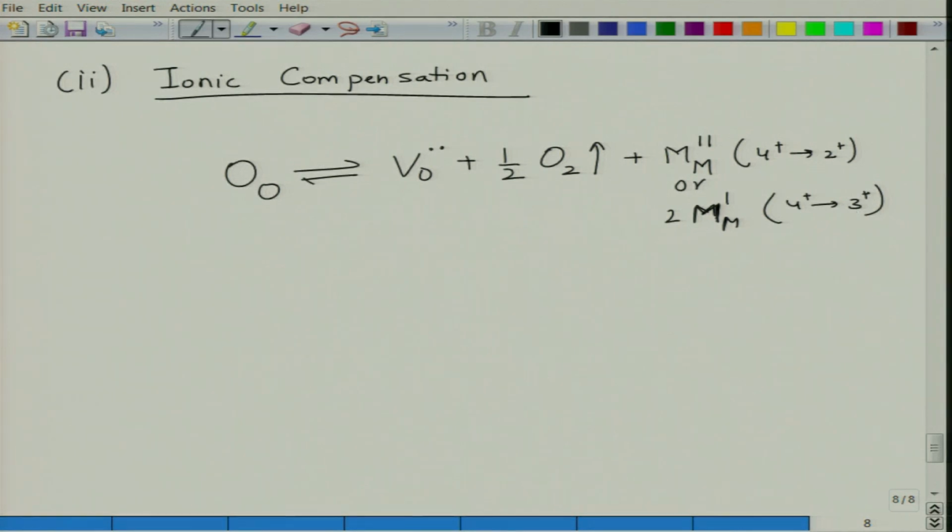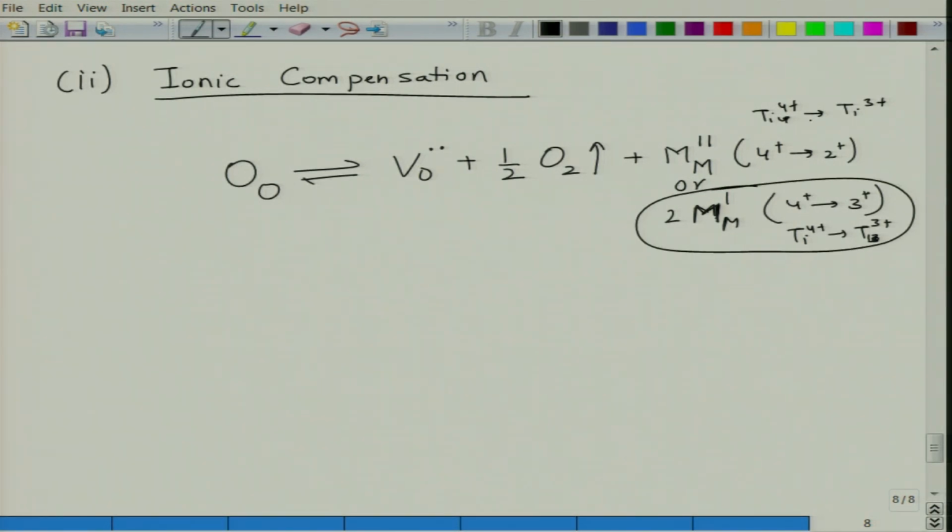For example, if it was titanium, Ti 4 plus will become Ti 3 plus. It will depend upon what kind of valences are more stable. Generally this will be preferred over the first one because Ti 2 plus is an unstable form of Ti.